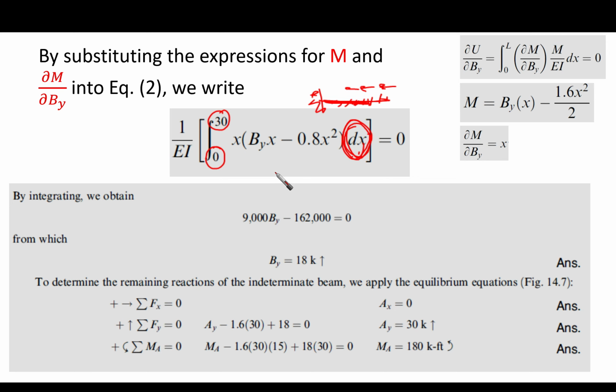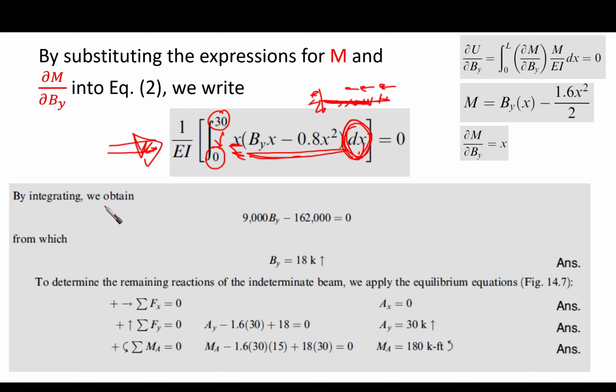Okay, so now this is integration. You can integrate this by parts. We have x and we have byx minus 0.8x squared with limited integration. You can do this using your own calculator. It is very easy to get the final value of this integration. And you can also integrate it by hand.